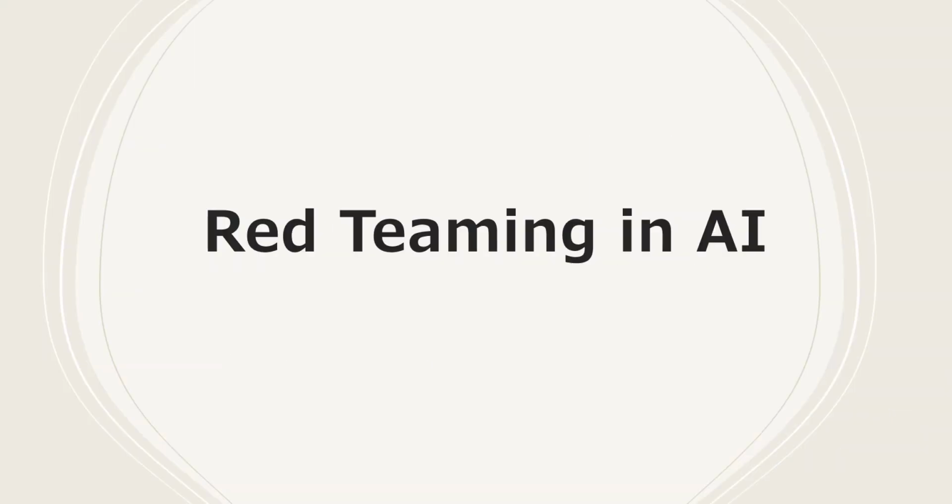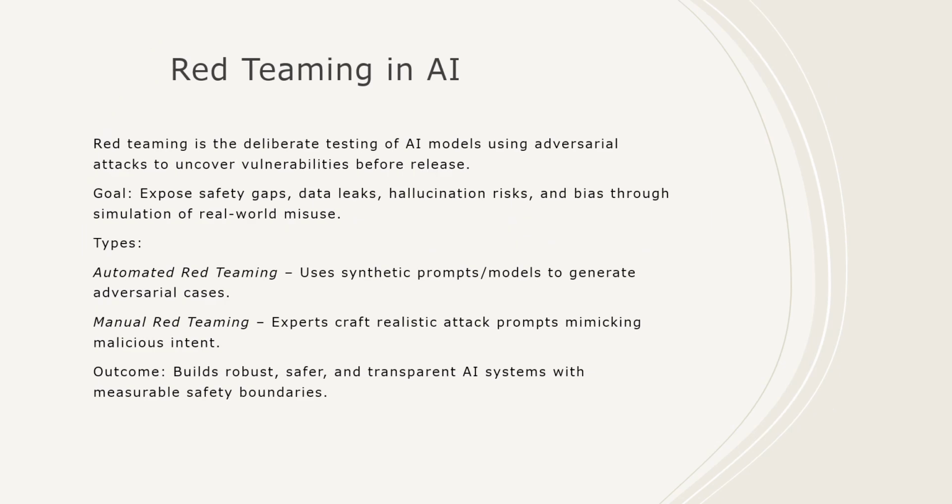What is red teaming in AI? Red teaming in AI is the deliberate testing of AI models using adversarial attacks to uncover vulnerabilities before release.